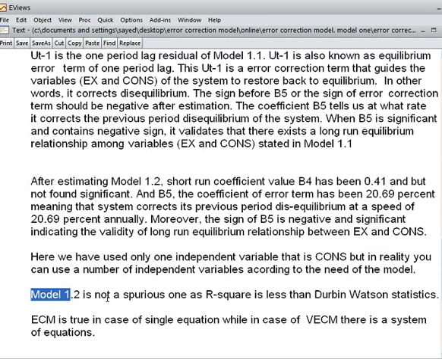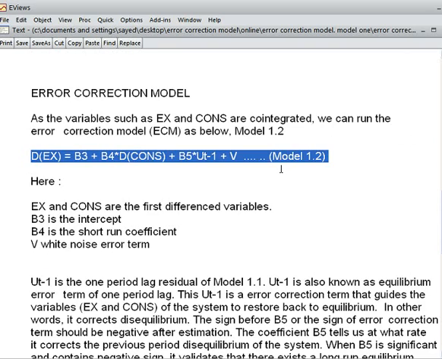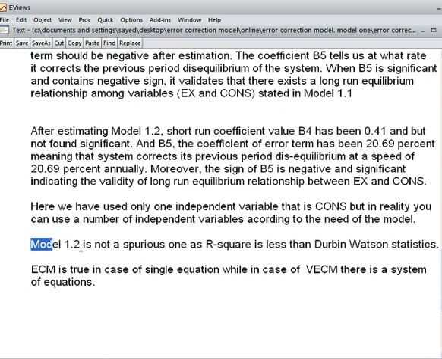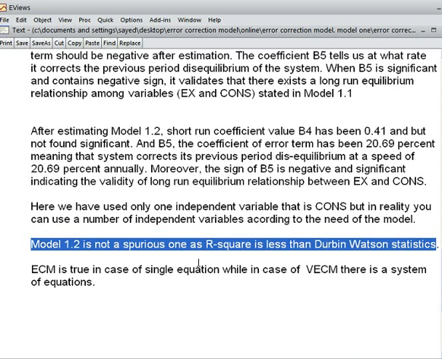After estimating, model 1.2 is not a spurious model because R square is less than the Durbin-Watson statistic.